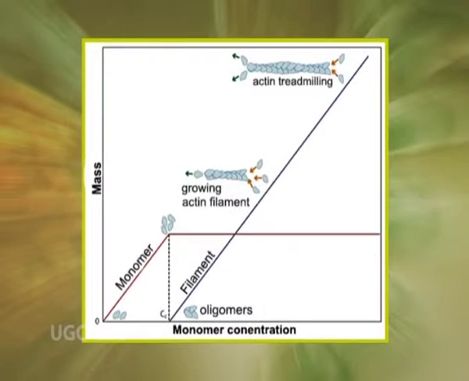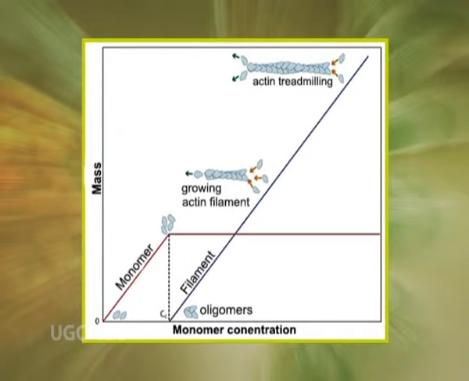An equilibrium is reached between the filaments and actin monomers in solution. The rate at which actin monomers are incorporated into filaments is proportional to their concentration. So, there is a critical concentration of actin monomers at which the rate of their polymerization into filaments equals the rate of dissociation.